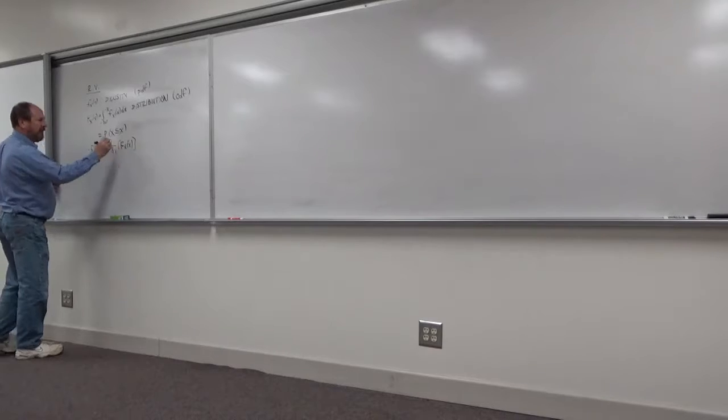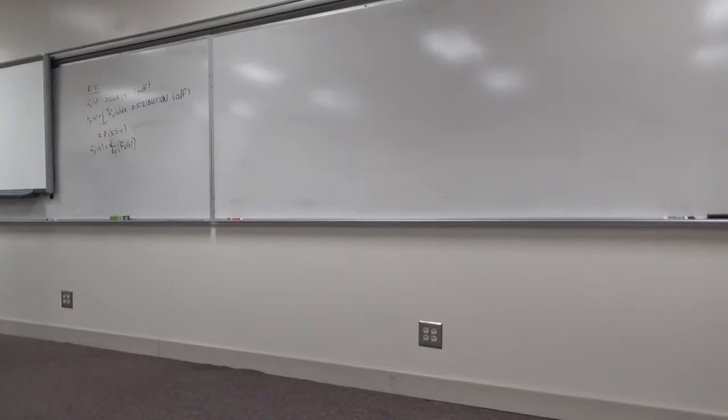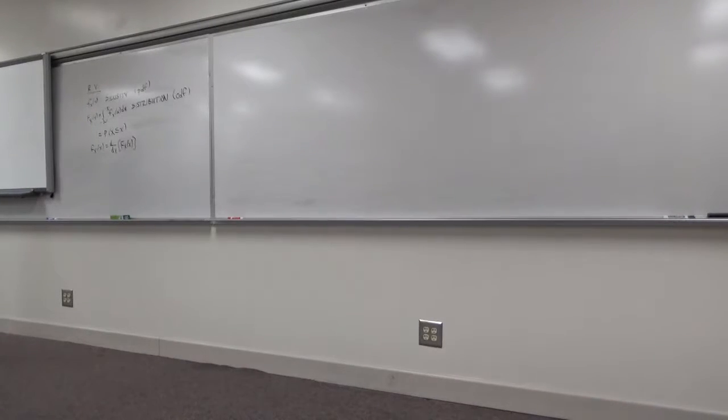So that is the derivative, which means in order to get a probability from the density, you have to integrate it, right? Cumulative distribution is a probability. The density function is not a probability.